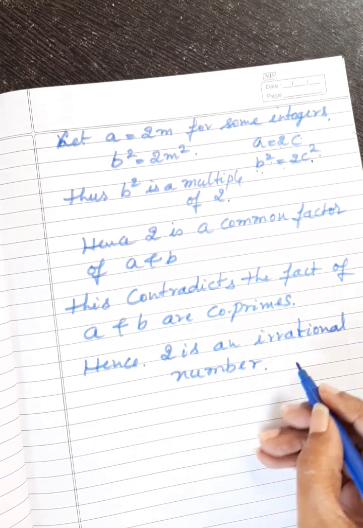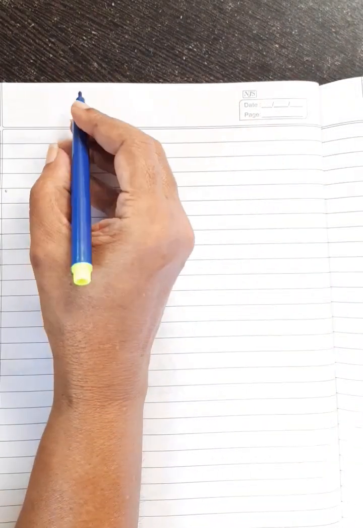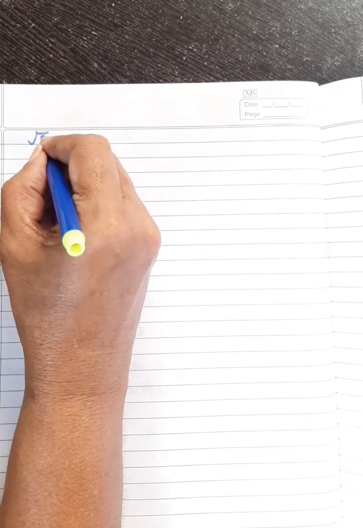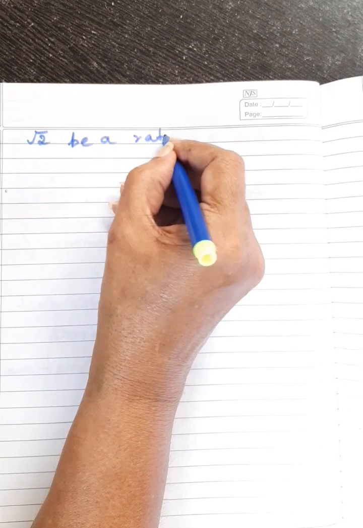Okay, or another method I will teach you, which is easy, that one you write. So root 2, let root 2 be a rational number.